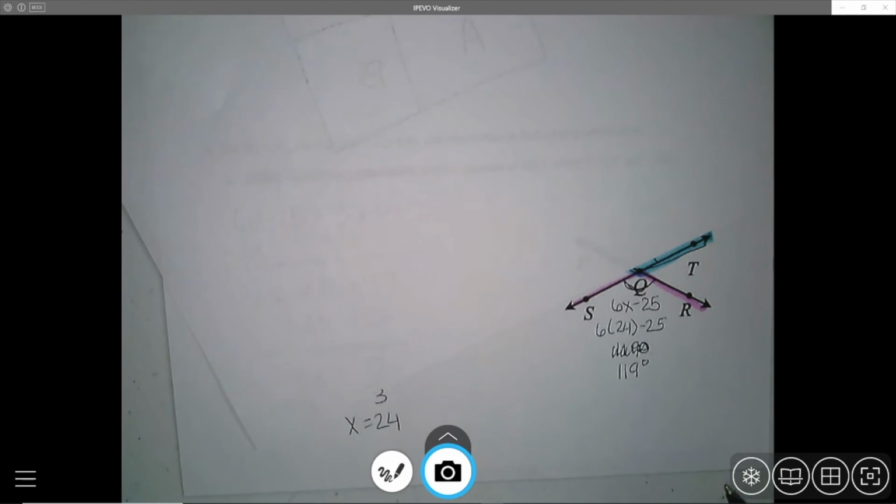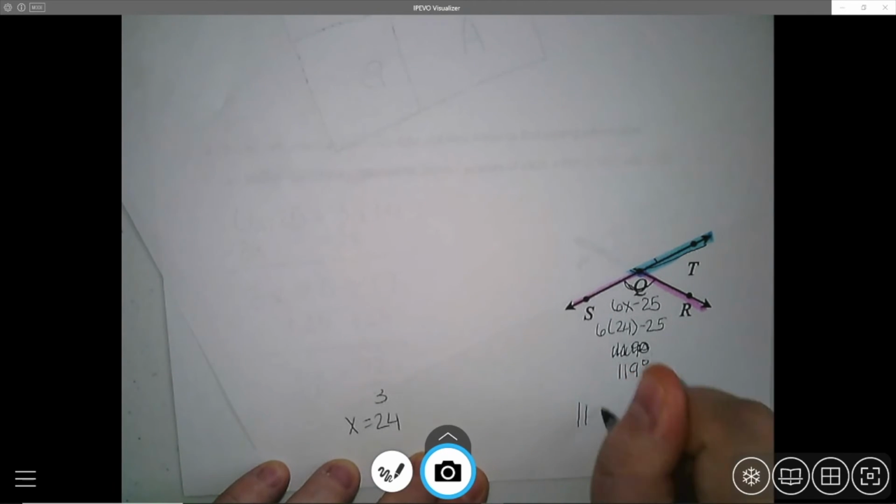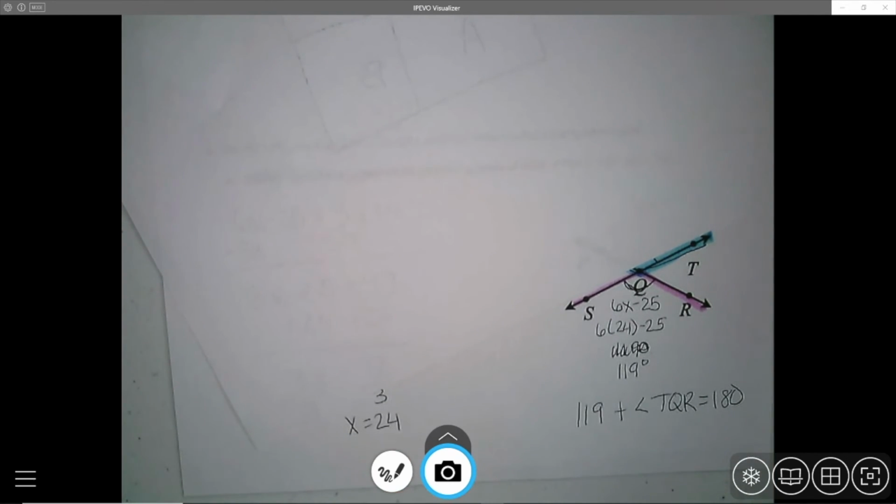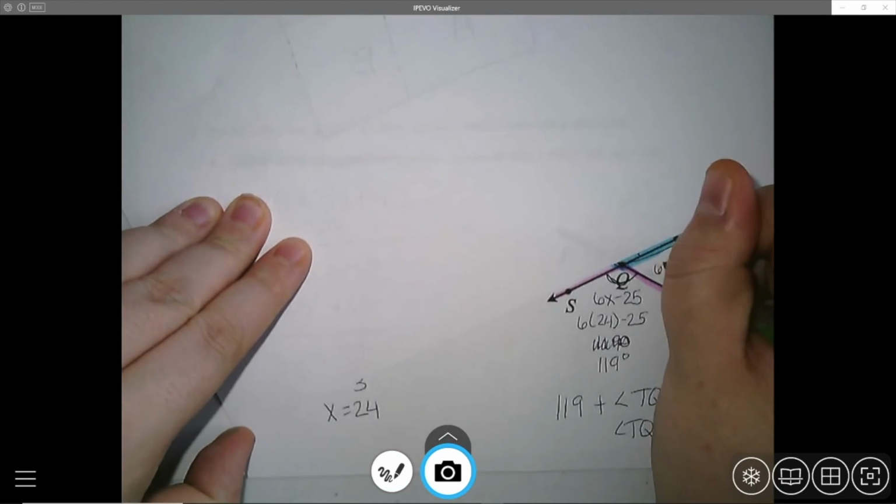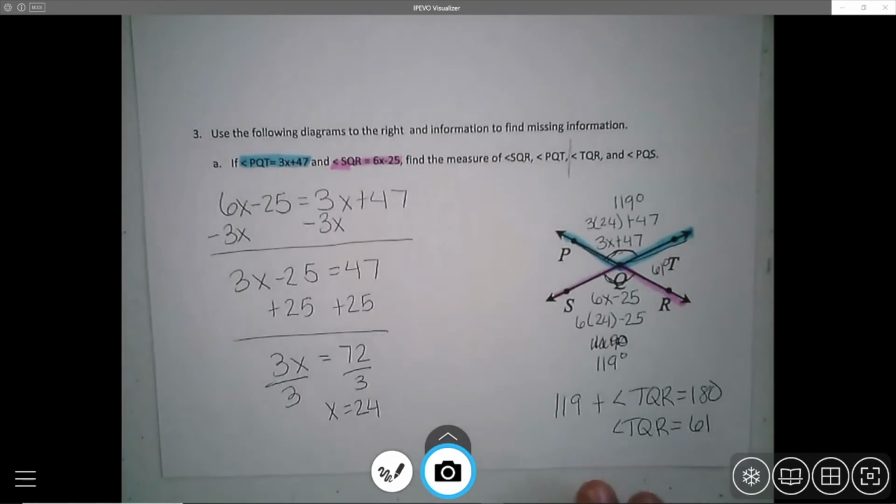Angles that form a straight line add up to 180. So 119 plus angle TQR has to equal 180. Subtract 180 minus 119. I get that angle TQR has to equal 61. I can put 61 degrees there.